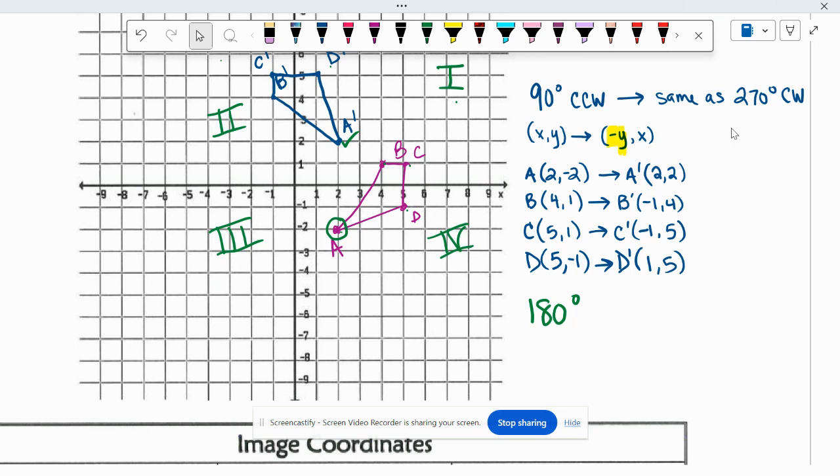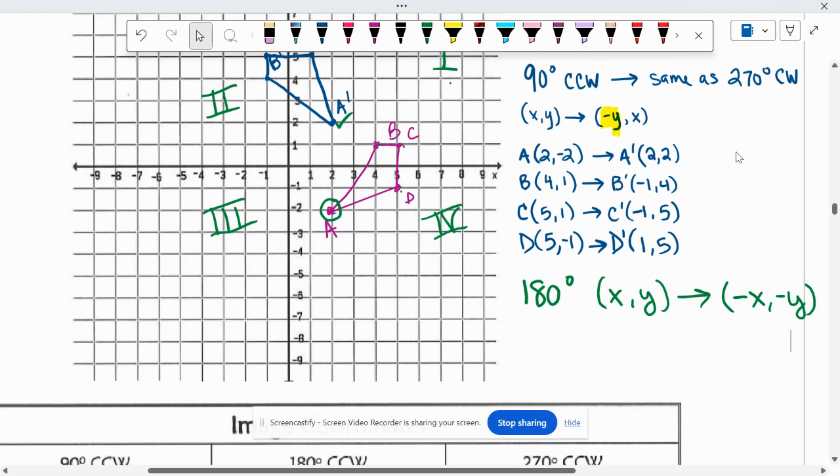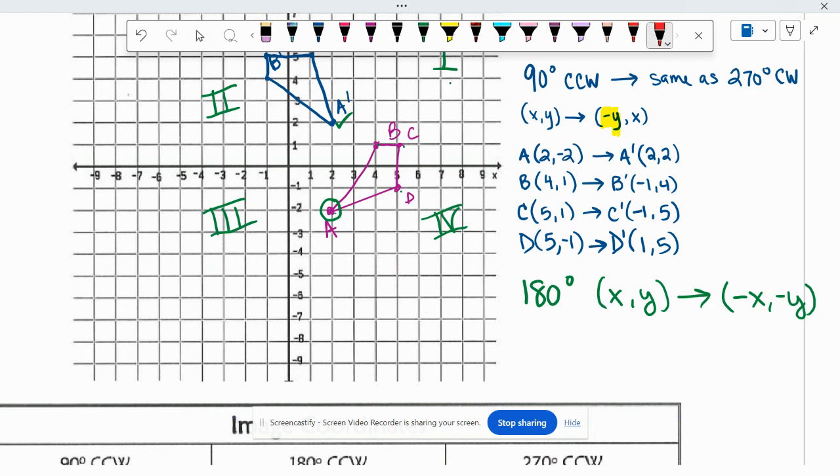So we just moved something 180 degrees. All we're doing is changing the sign of the ordered pairs. X comma y transforms to the opposite of x, the opposite of y. Okay, the last rule that I'm going to tell you about is if we go 90 degrees clockwise, which is the same as what?